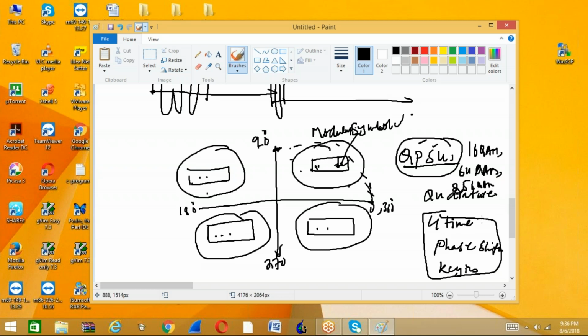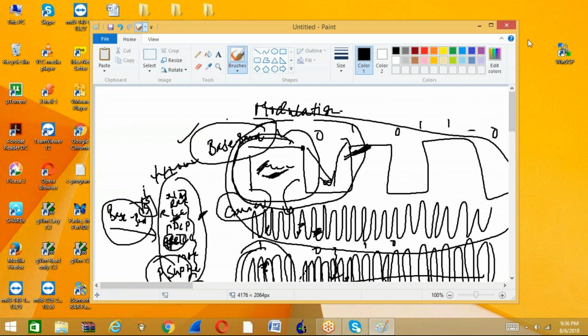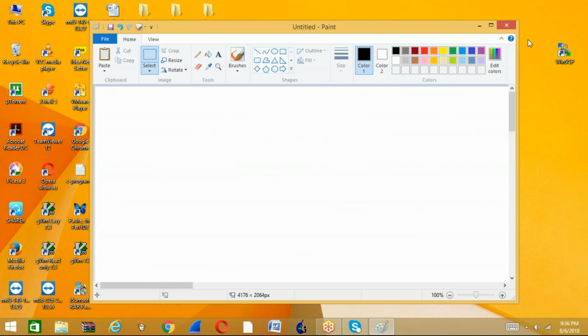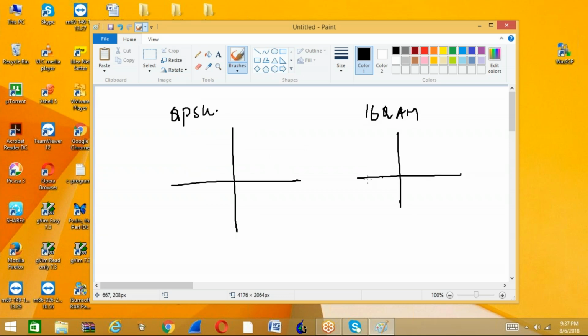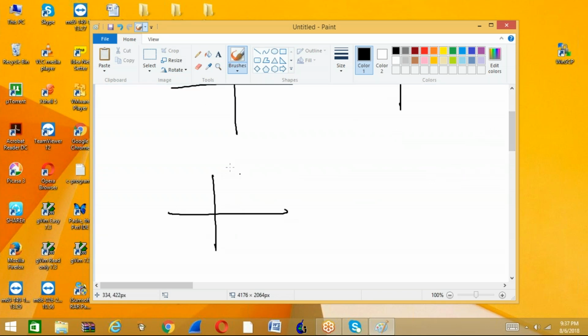That means, for QPSK, the cycle is 360 degrees and it is shifted 4 times. 16 QAM is the same, 64 QAM is the same, and 256 QAM is the same.